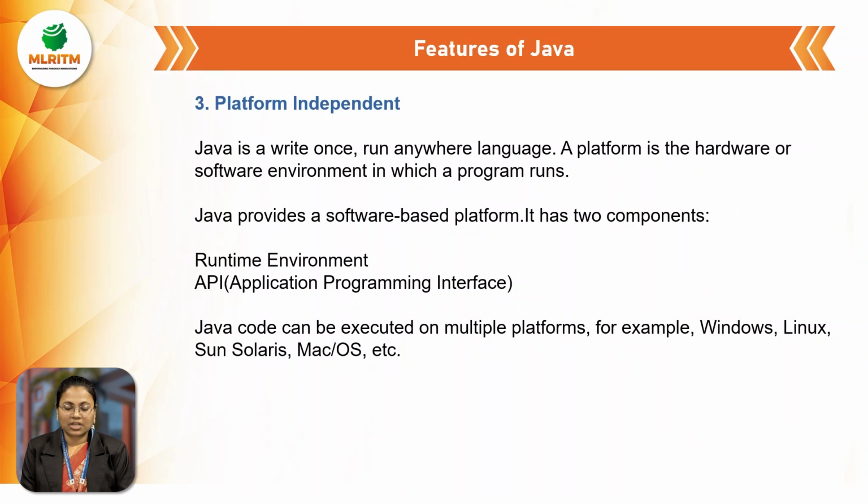Next feature of Java is platform independent. Why can we say that Java is platform independent? Once we compile the Java program, a bytecode is generated by the compiler. For example, I have written a program called A.java. A.java is my program name, my source code.